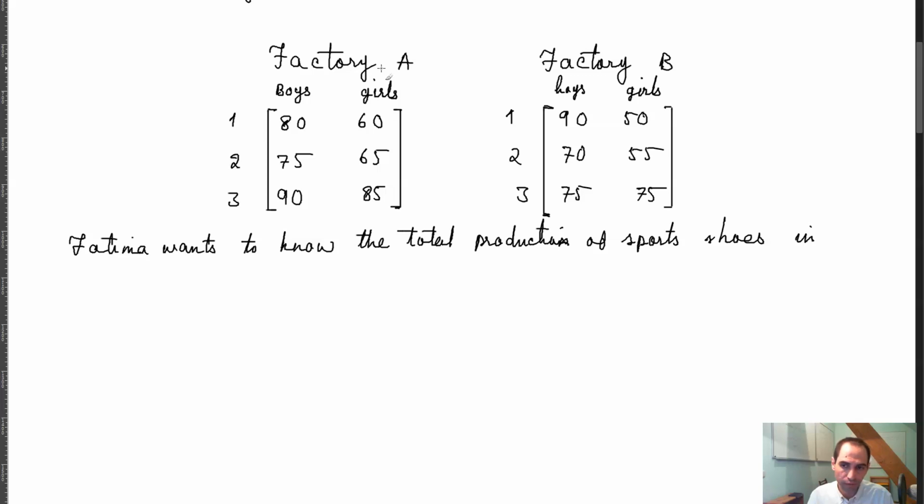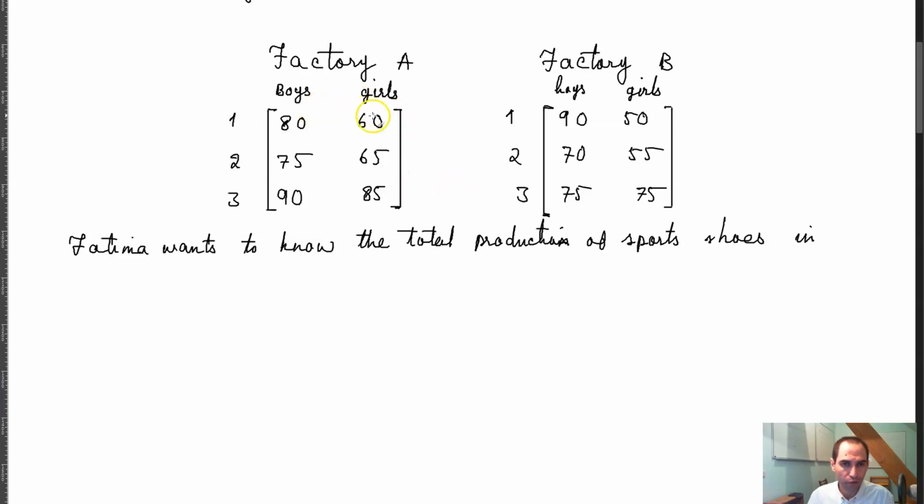Meaning that at factory A and B, we want to basically take price category 1 for boys, and price category 1 for boys again at factory B, and add these together, right?